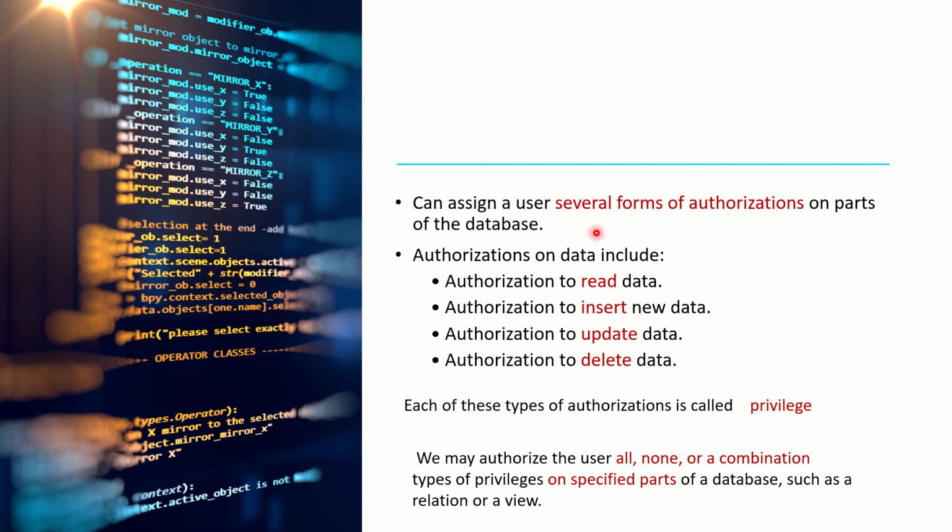In some cases, we need to show different users only part of the database, and also we need to give authorization to users. So it is possible to assign a user different forms of authorization on different parts of a database.